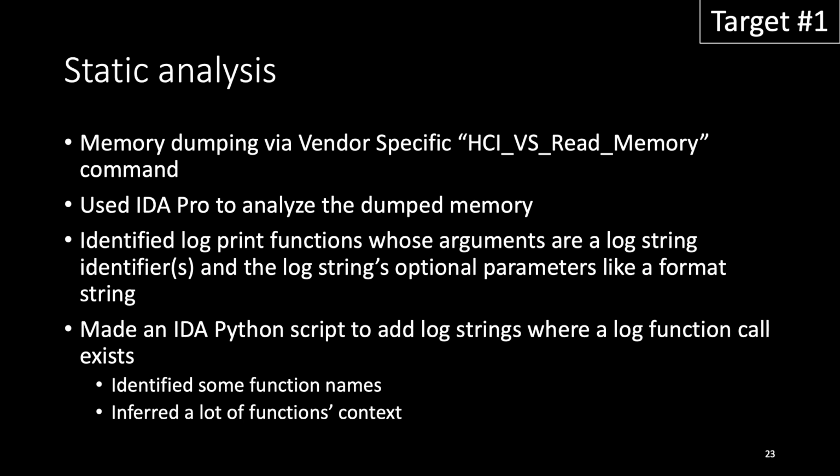And one big step that let me reverse this firmware better was after identifying these log functions. I mentioned the logger. This log function sends these log messages in binary format to the UART. And by looking at the colors of this log function, I could identify some of the function names and some code context.